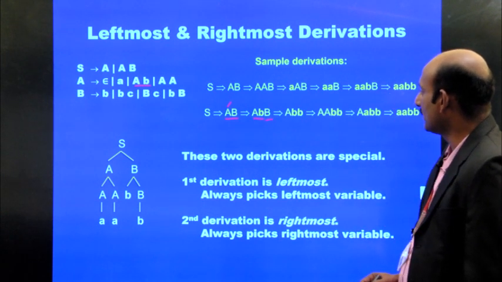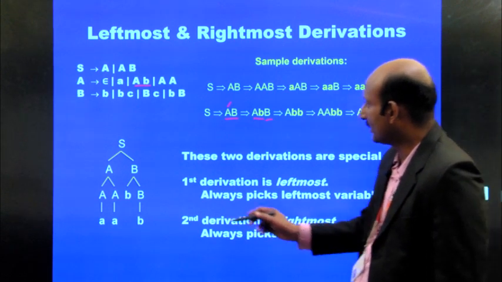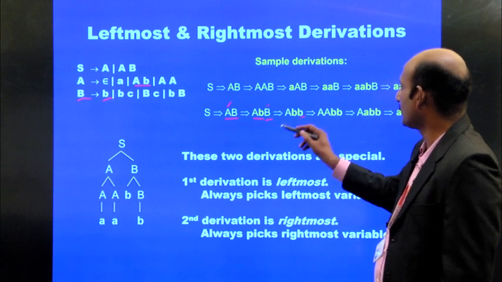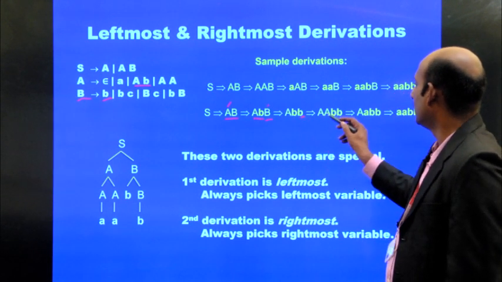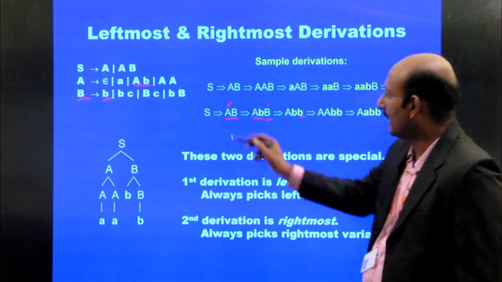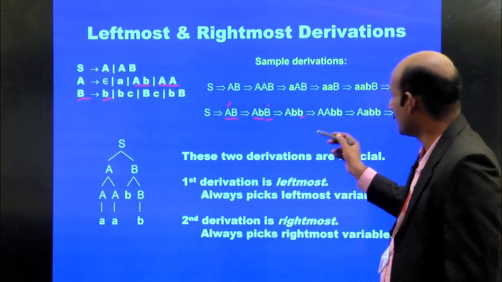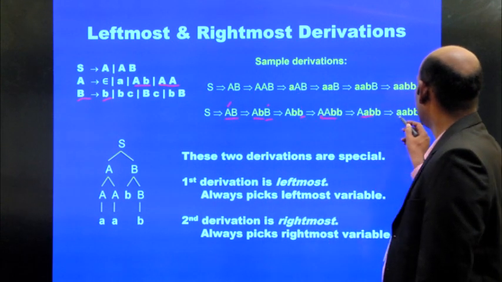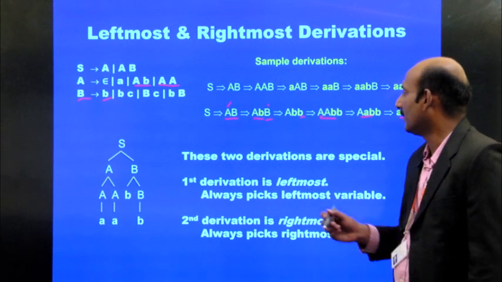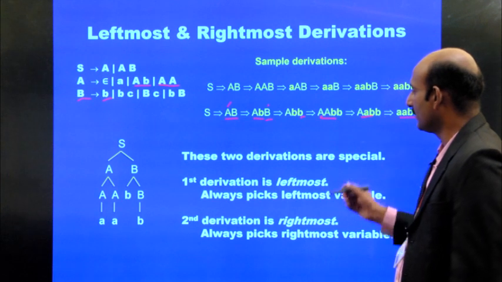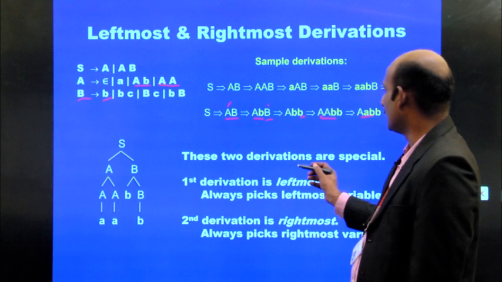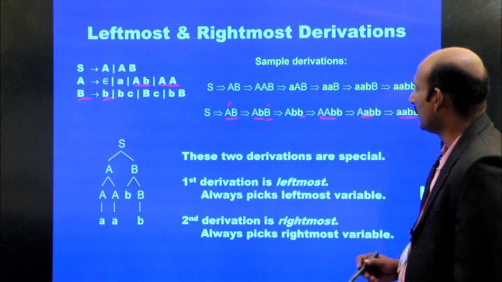Then we replace this B by small b, then capital B like that. Then this A becomes AA again. So we can substitute using different productions. We replace the leftmost non-terminals likewise, and that is the leftmost derivation. So these two derivations are leftmost derivations.